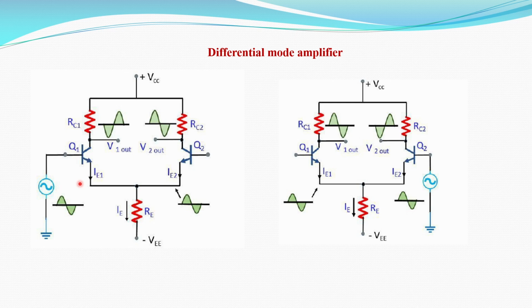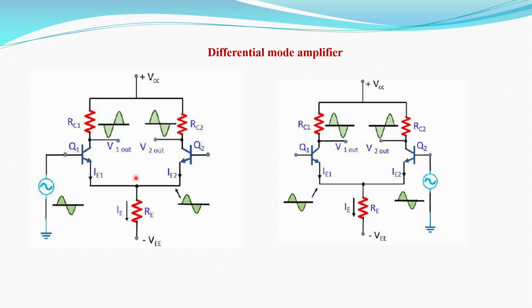A signal is applied to the base of transistor Q1 and no signal is applied at the base of transistor Q2. Here we assume that Q1 can function in two ways. One is as a common emitter amplifier, in which the input applied at Q1 will provide an amplified inverted signal at output 1.